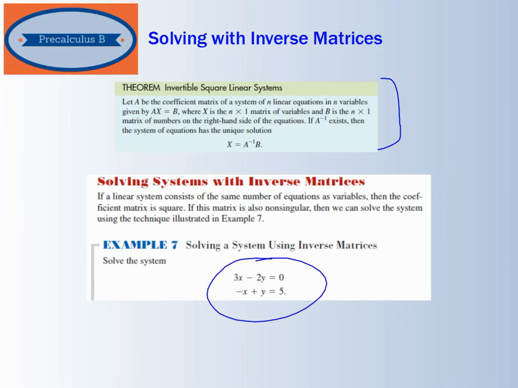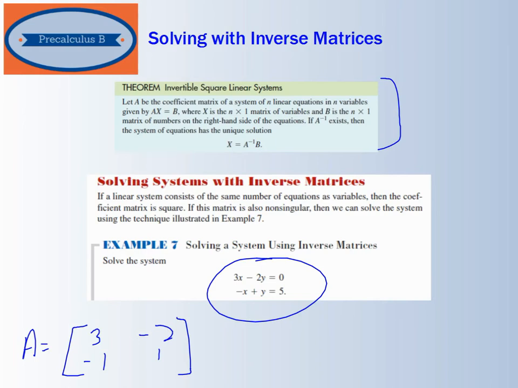If we take a matrix and we call it A, all it's going to be are the coefficients: the coefficient in front of x, the coefficient in front of y, and so on for each row. So we have a matrix that's all it is, the coefficients.